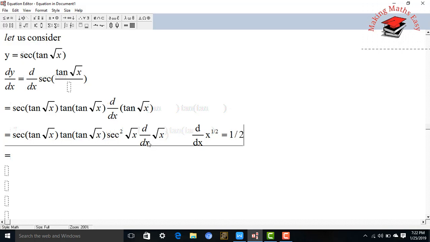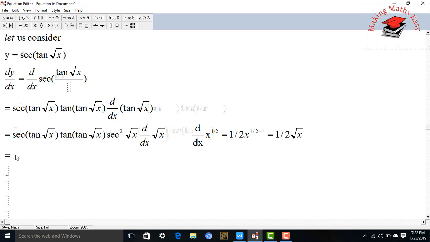So 1 by 2 into x raised to 1 by 2 minus 1 into the derivative of x, which will be equal to 1 by 2 root of x. That x raised to minus half will go in the denominator and it will become positive.